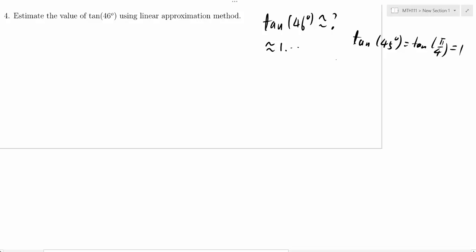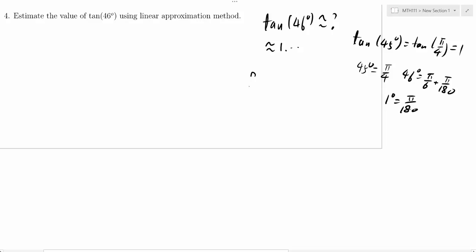So here, we have to turn this into radians. We know 45 degrees is pi over 4, and then 46 degrees is pi over 4 plus pi over 180, because 1 degree is pi over 180. Now we can recognize that in this problem we need to find both the function and the points.